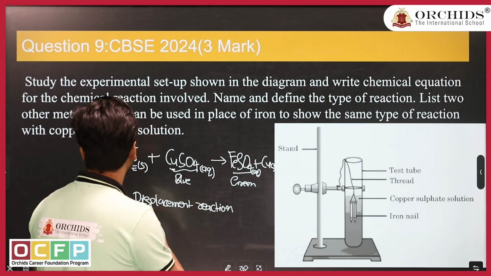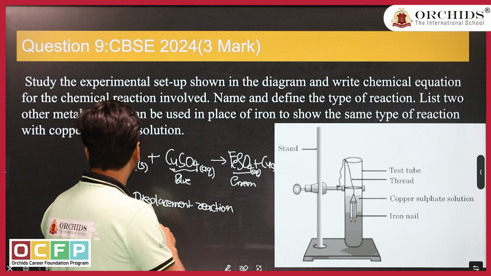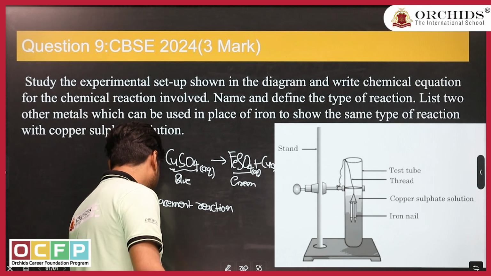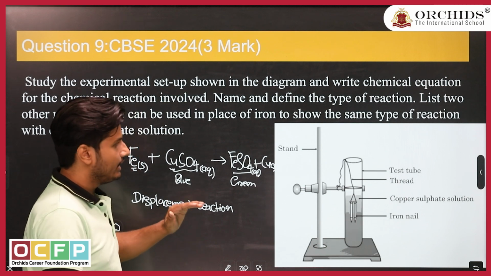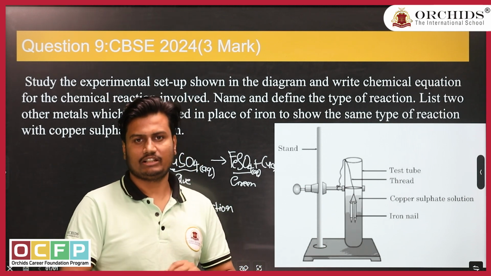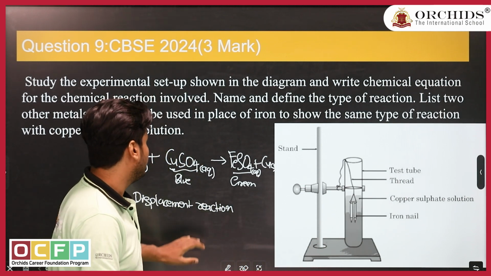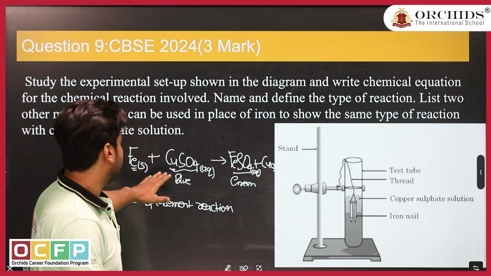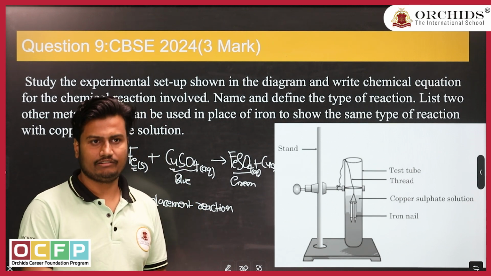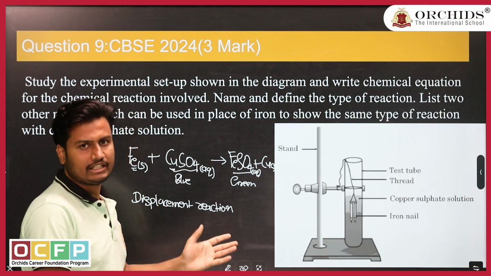Now they are asking to list 2 other metals which can be used in the place of iron to show the same type of reaction with copper sulfate solution. If you know the reactivity series, you can easily answer this question. Whichever metal is present above copper in the reactivity series, we can take any 2 metals.